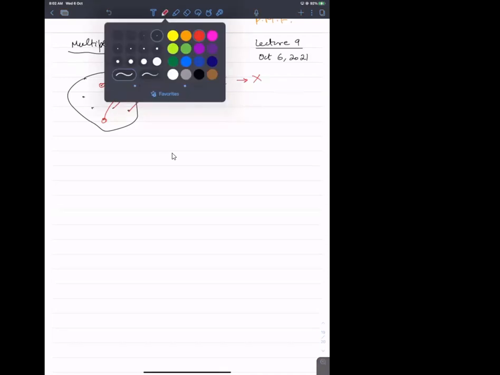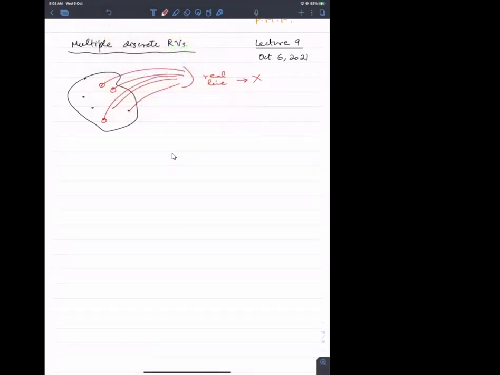Similarly, if you map these sample points onto the real line using a different mapping function, on the same real line, then if this outcome comes, another random variable y will take the value 75, this y takes the value 95, this y takes the value 243.